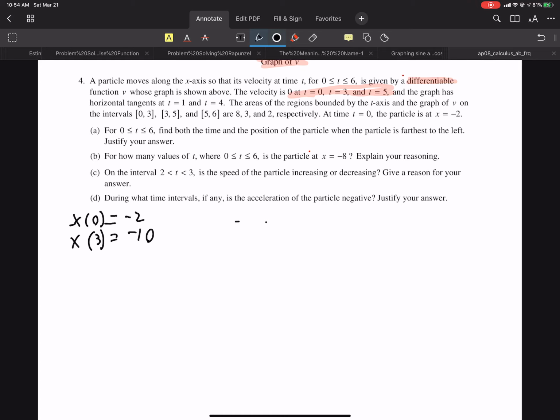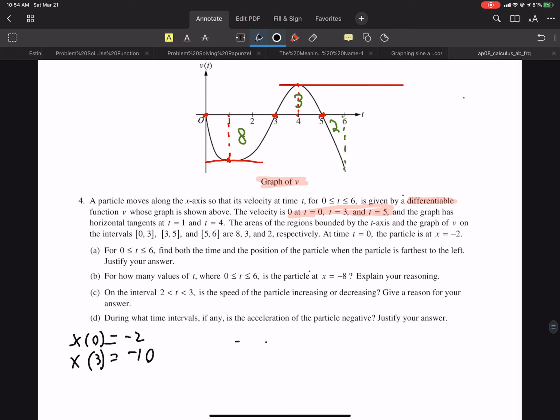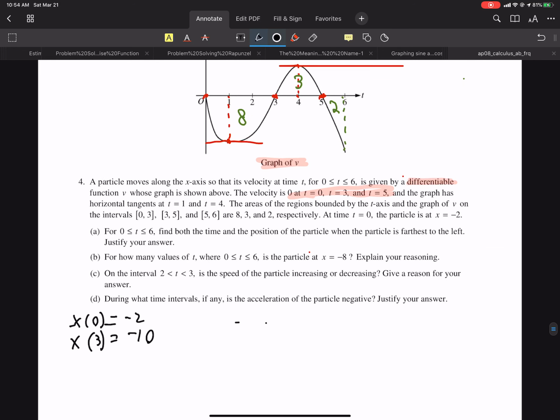These spots are starting to appear again. What's going on? And x of 5, wow, I don't know why this is just weird. So we're going to increase by 3, so it's going to be -7. And x of 6 is going to decrease by 2, that's -9.